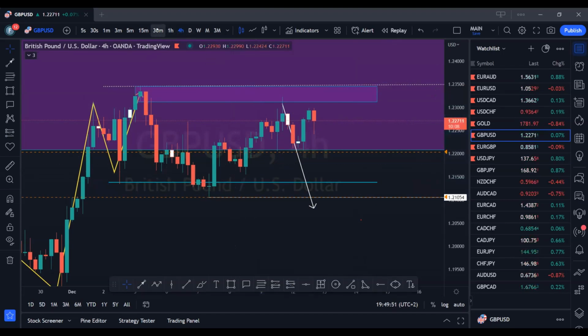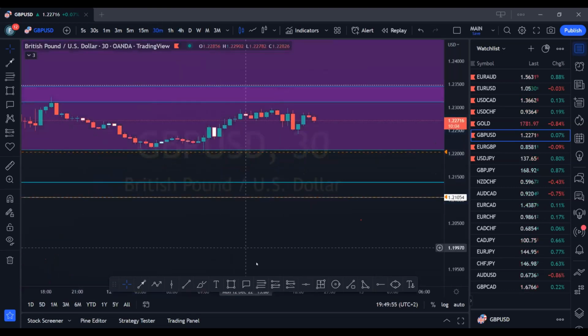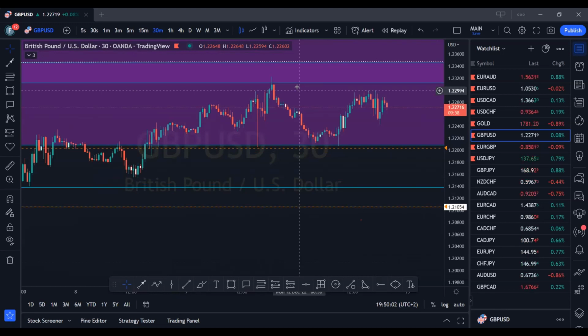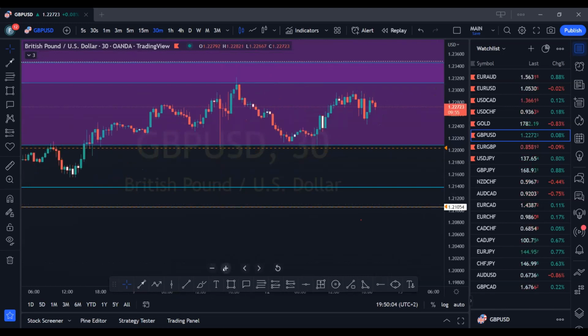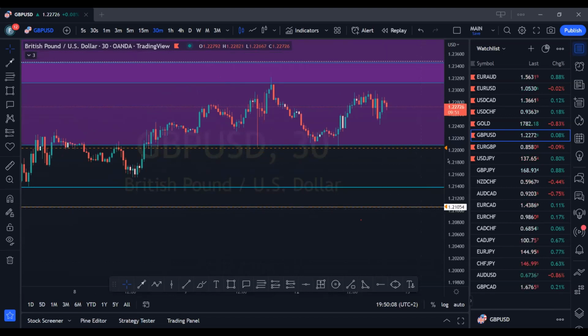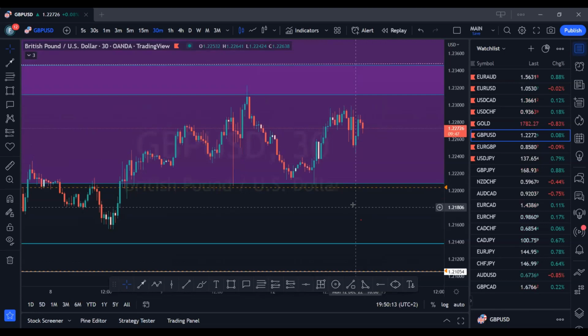So let's go to the 30 minutes chart and see a possible entry, if we can find the best place to enter this trade here. Again, we want to be sure that order flow has shifted from bullish to bearish on the 30 minutes.